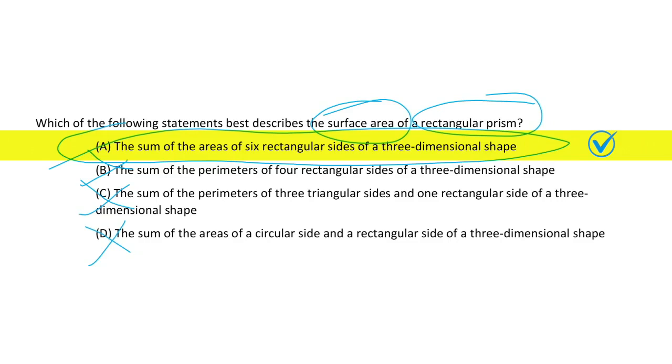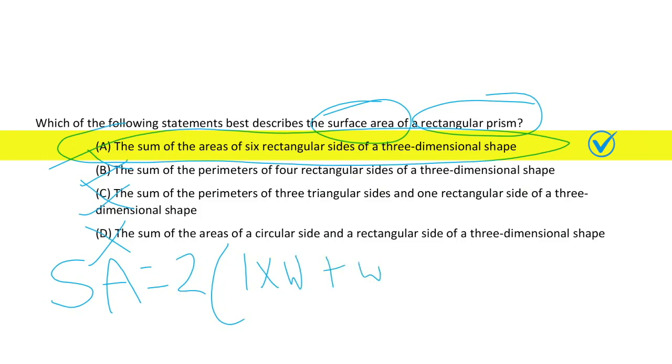You might also consider the surface area by using this formula: SA, which is surface area, is equal to 2 times the length times the width plus the width times the height plus the height times the length. When you solve that formula, you would come up with the correct answer as well. So A, the sum of the areas of 6 rectangular sides of a 3-dimensional shape, is the correct answer.